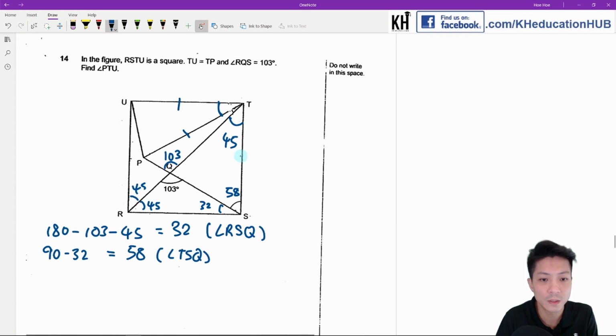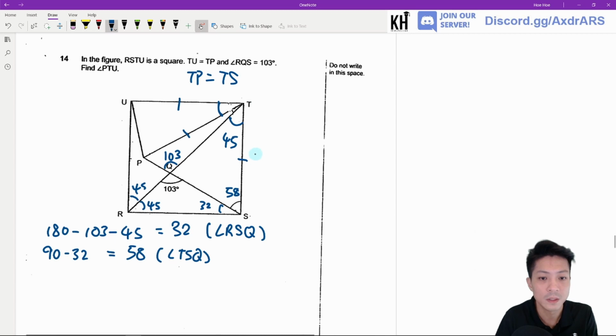Oh, okay, so TU equals to TP and TP is equal to TS.